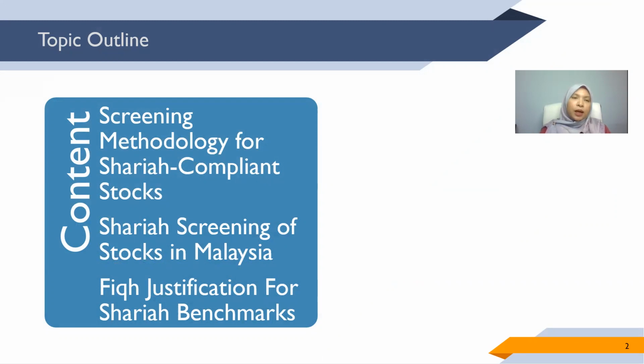This is what is being adopted by the Securities Commission of Malaysia, where they identify stock which is considered as a Shariah compliant stock. So how does SAC identify whether this company or this stock is Shariah compliant or not?